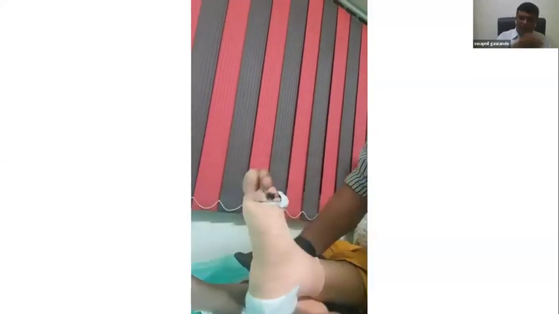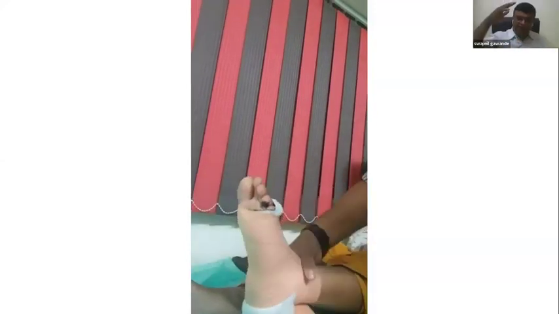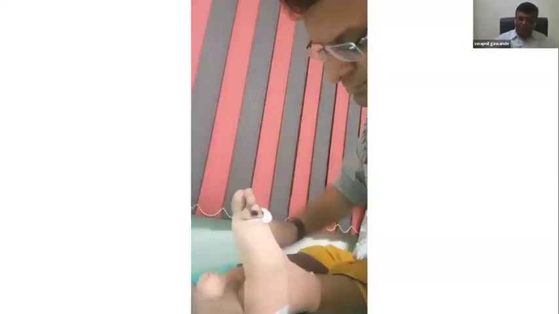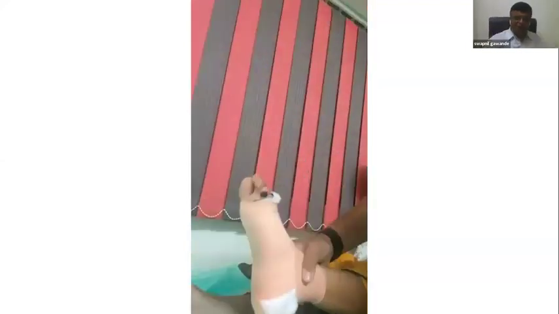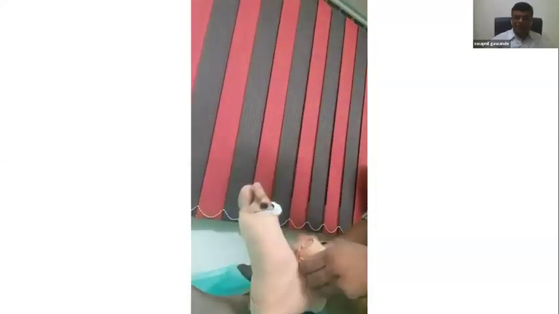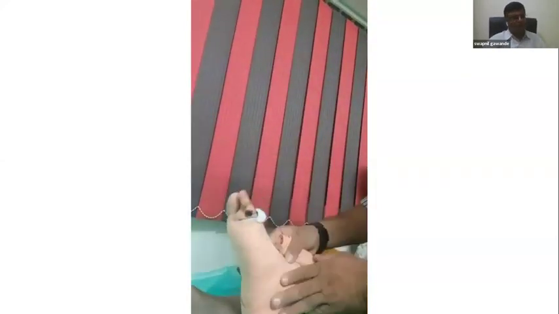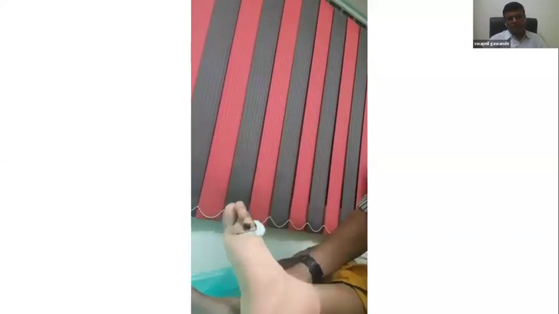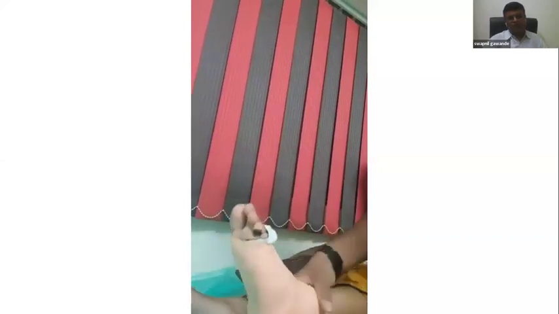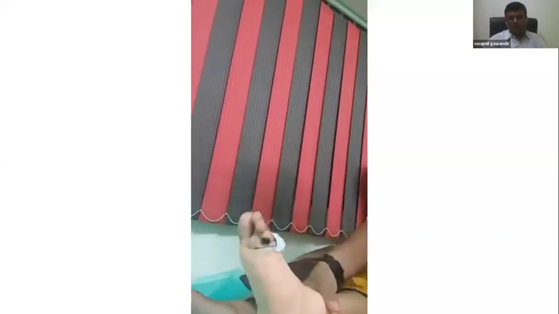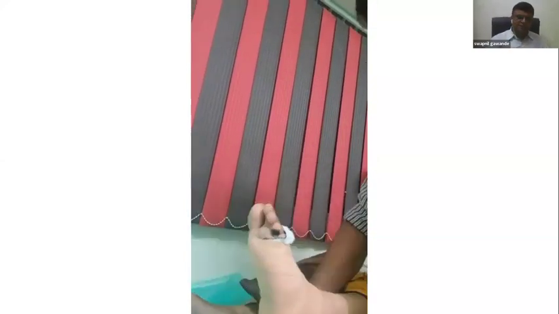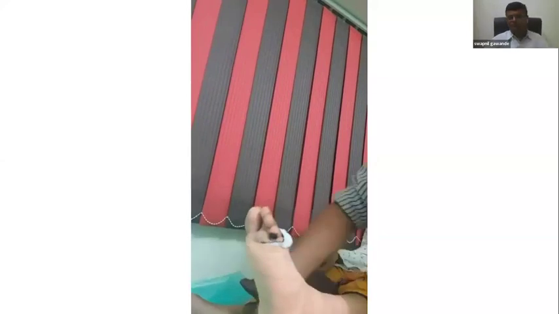If we tie it from lateral to medial, then the fifth metatarsal will be depressed and it may cause discomfort. This is how we have fixed it, and every fifth or sixth day we change this.